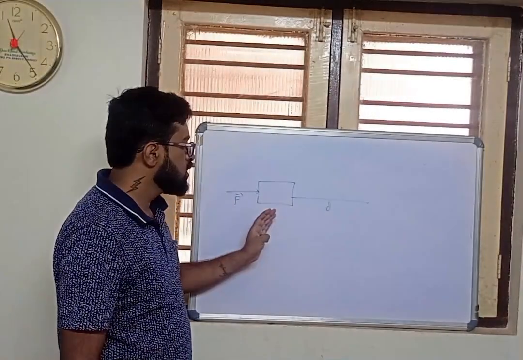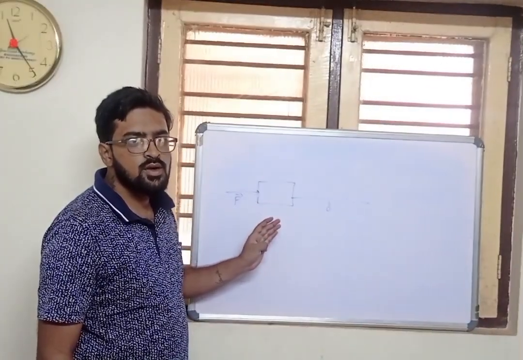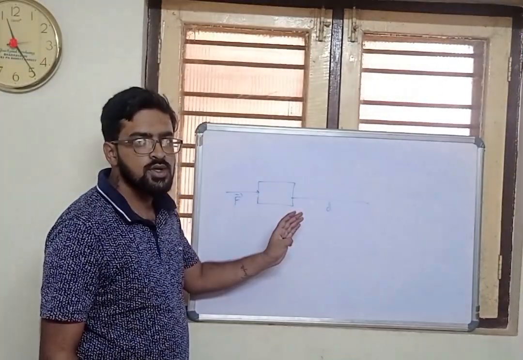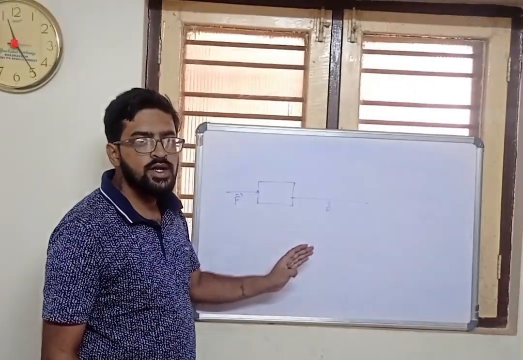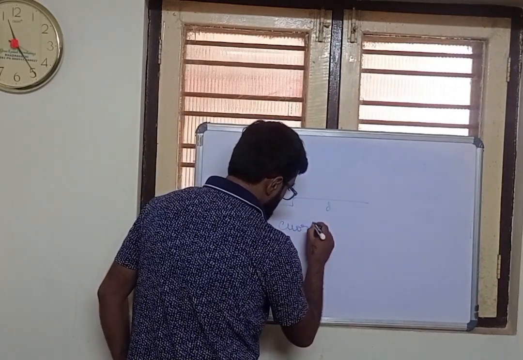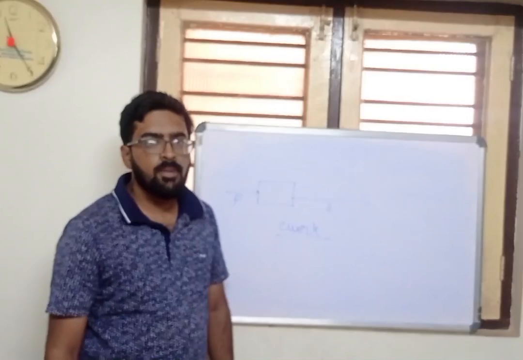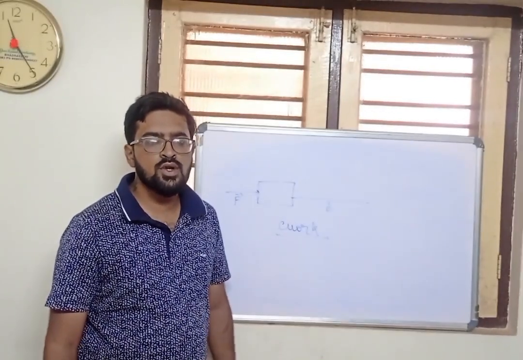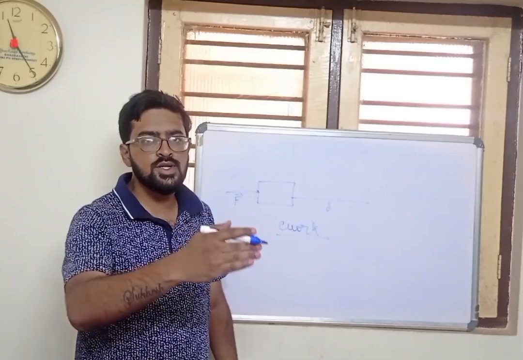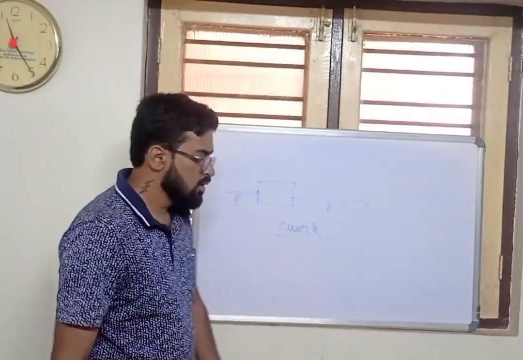So when a force is applied on an object and it moves in the direction of force with a distance d, it is called work. This is called work. When you apply a force on an object, it displaces; force into displacement gives work.